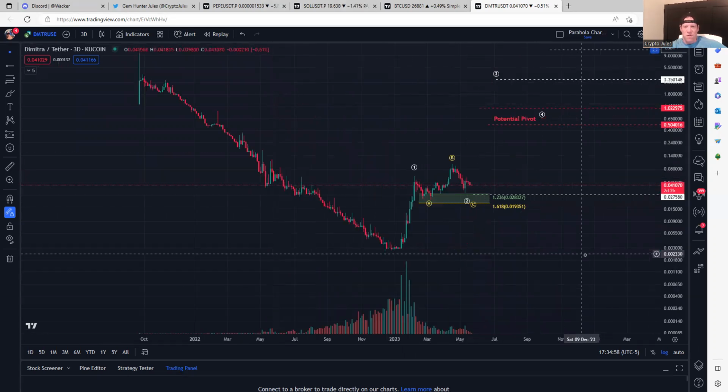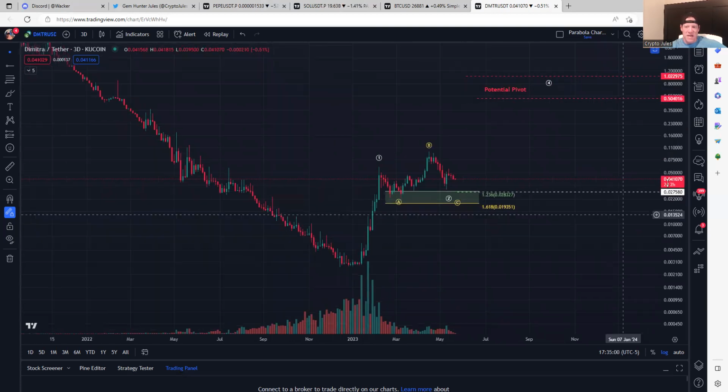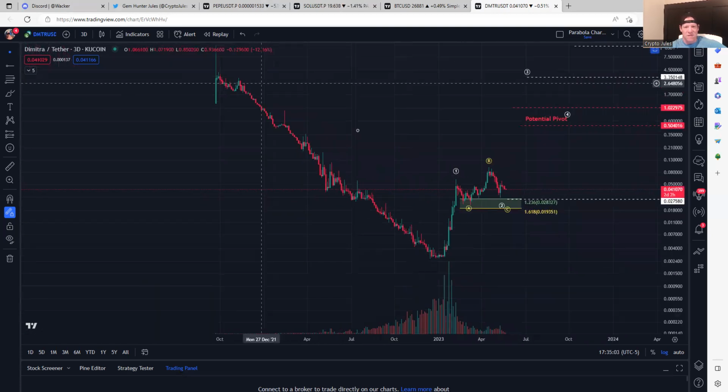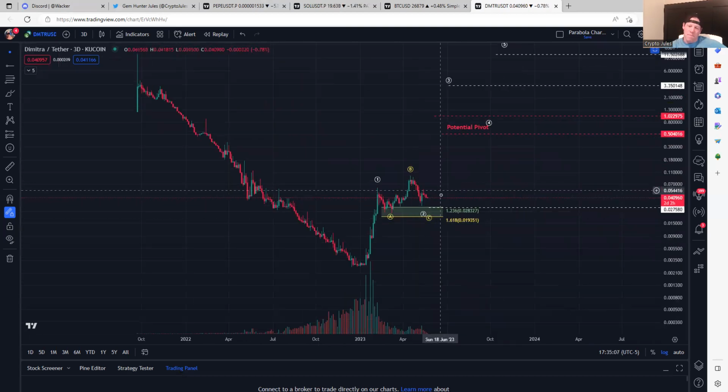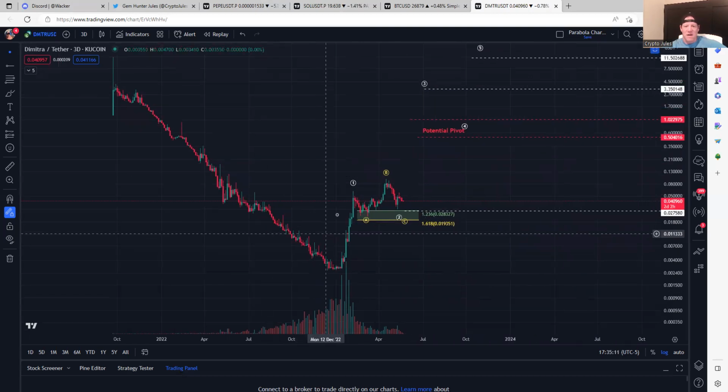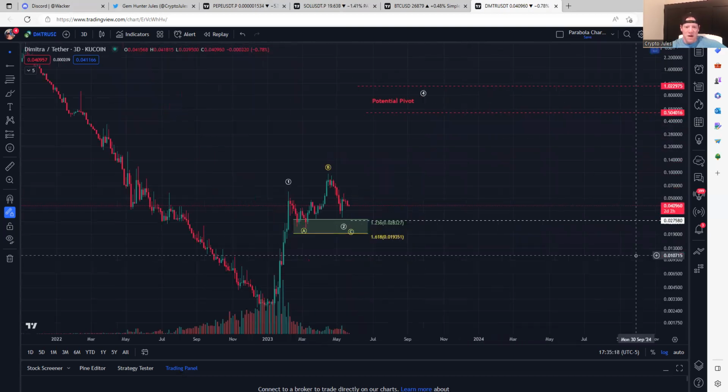Huge impulse off of the low, which can indicate a trend reversal, meaning that this thing is not going to make a lower low, and the impulsive direction should be upwards, or at least maybe in a corrective manner upwards. But either way, it indicates that we should be looking for higher with price.